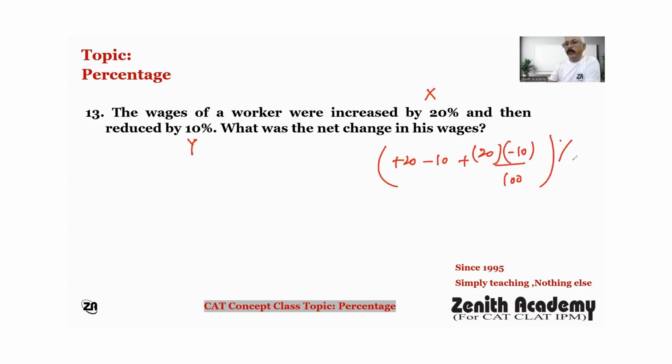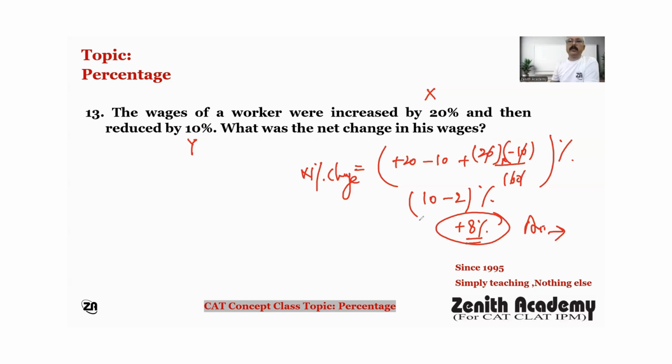This is the net percentage change. 20 minus 10 is 10, plus into minus is minus, so minus 2, it is coming 8%. Plus means the net change will be positive, the value will increase 8%. This is your answer.